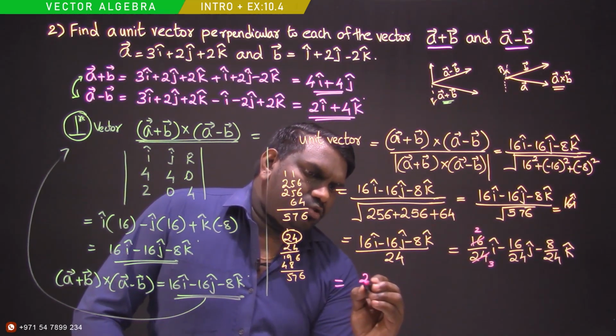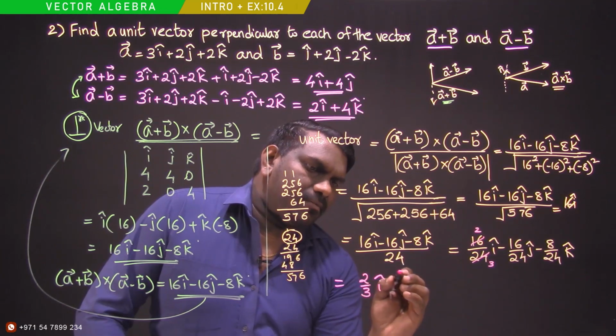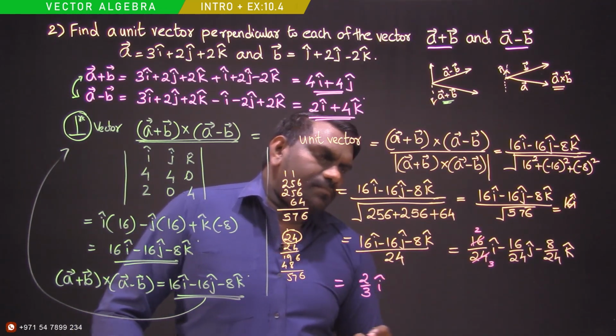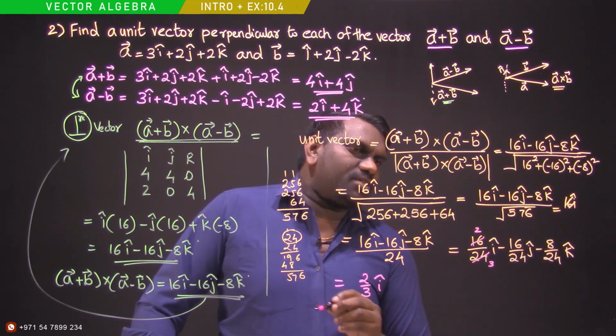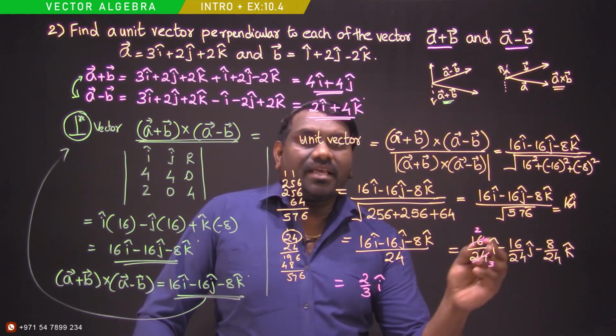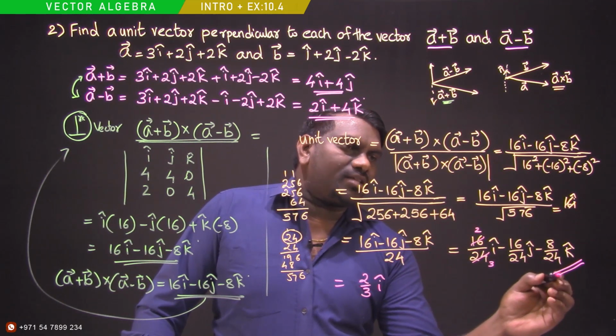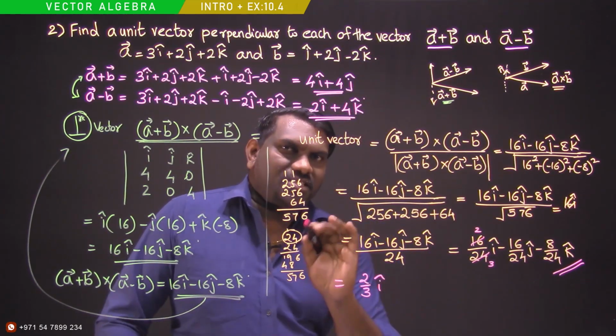So 2 by 3 i cap. This one, I'll tell you something, dear, ഇത് നമുക്ക് എന്താ കിട്ടിയേ? This is the unit vector, what I'm simplifying is the unit vector.